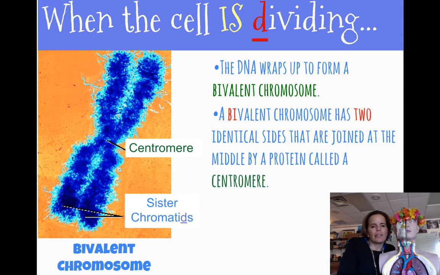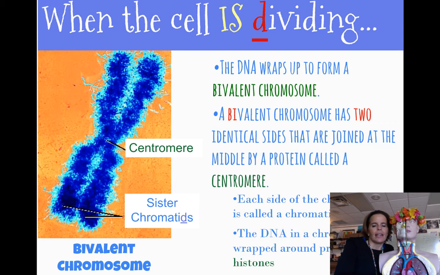So they're identical DNA, they're just joined in the middle by this piece of protein called a centromere. Each side of the chromosome is called a chromatid, and they carry identical information, so we call them sister chromatids. And then just as an FYI, the DNA in a chromosome is wrapped around proteins that are called histones. That picture is called a bivalent chromosome, the prefix bi meaning two.